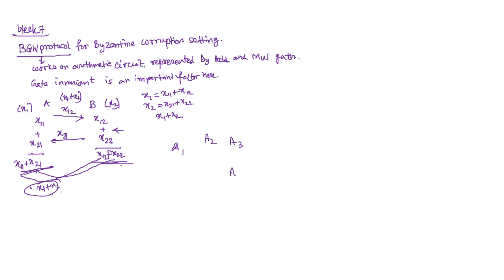So let's consider a 2 out of 5 setting, right? A1 will make a Shamir secret share of its own input x1, A2 will also make a Shamir secret share of its own input x2, and so on.